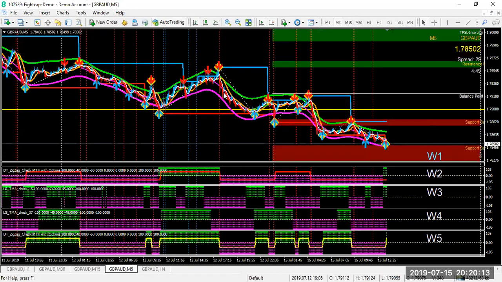This indicator basically looks at the high, low, and close of Friday. It adds them up, divides by 3, and works out the pivot point, and then there's a calculation that uses the Fibonacci to draw support and resistance.